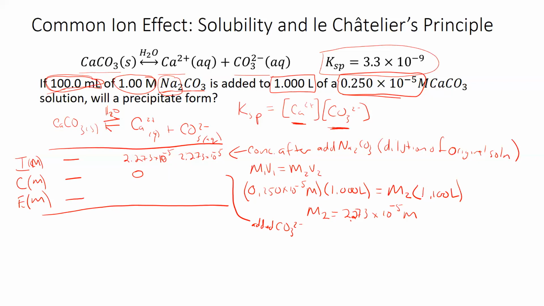There we go. That should be 1.1 liters because it's the added volumes, right? That's the 1 liter plus 0.1 liters. So here, if we do our M1 V1 equals M2 V2, we've got our 1.00 molar times 0.100 liters is equal to M2 times 1.100 liters.